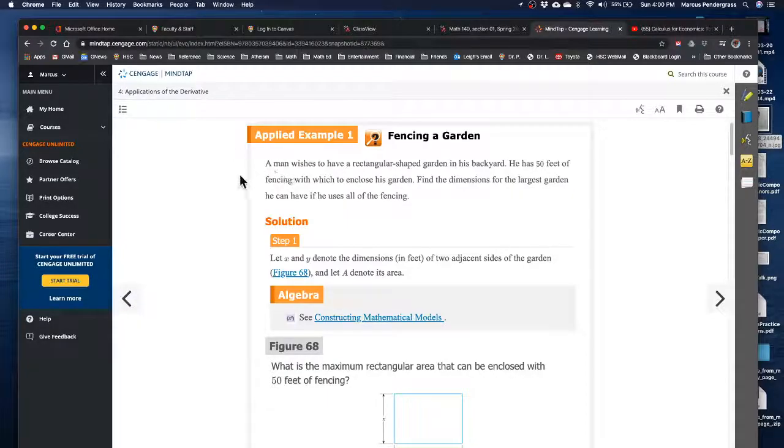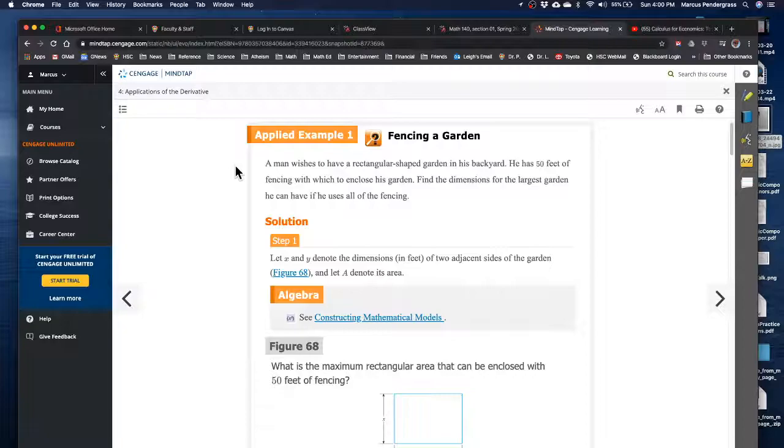In this example, it's a real simple one. A man wishes to fence a rectangular garden, and he has 50 feet of fencing which he wants to use to enclose the garden. So what would be the dimensions of the rectangular garden that would enclose the largest area?